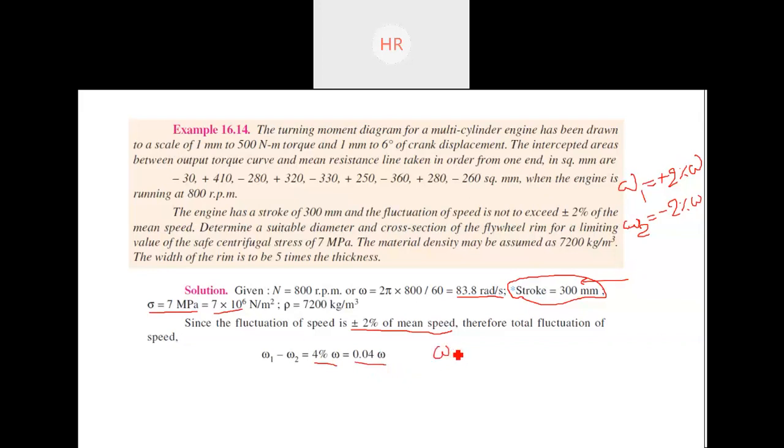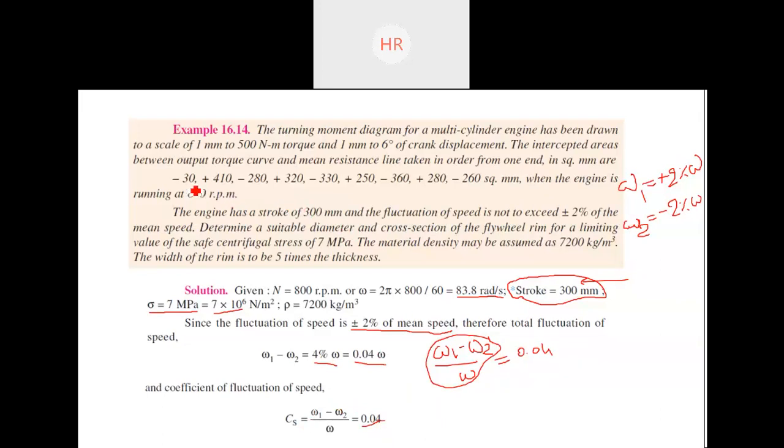Now if you write it like this, omega 1 minus omega 2 by omega is equal to 0.04. If you recall, this is actually the equation for coefficient of fluctuation of speed. So coefficient of fluctuation of speed is given to you, 0.04.